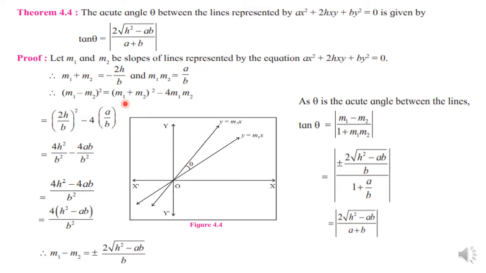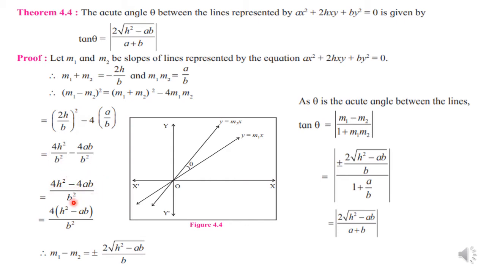That is m1 minus m2 the whole square is equal to m1 plus m2 the whole square minus 4m1 m2. So we substitute the values for m1 plus m2 and m1 m2. Thus we get this particular term. Then squaring and solving further and equalizing the denominator, we get this term.